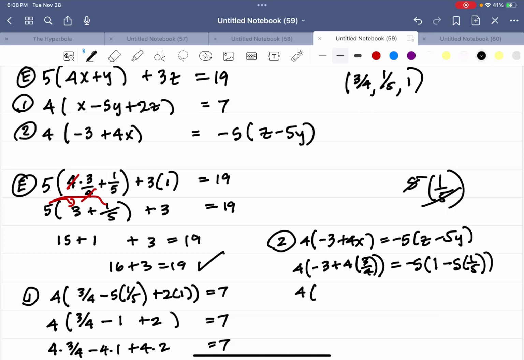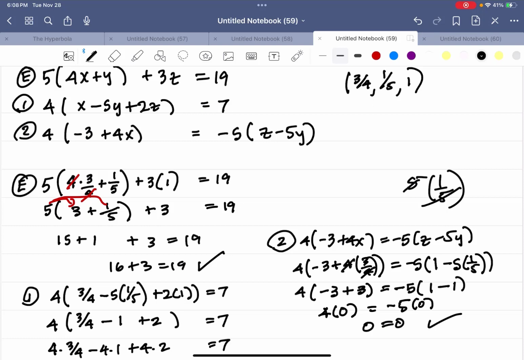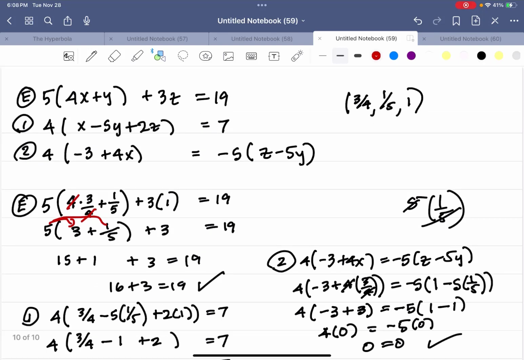So that's 4 times negative 3 plus 3, because look, the 4 and 4 cancel out, equals negative 5 times 1 minus 1. That's 4 times 0 equals negative 5 times 0. That's 0 equals 0, and that is true. So that means that I am correct, that the answer is x is 3/4, y is 1/5, and z equals 1.